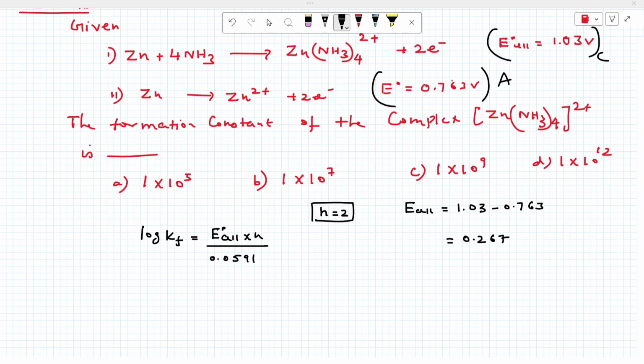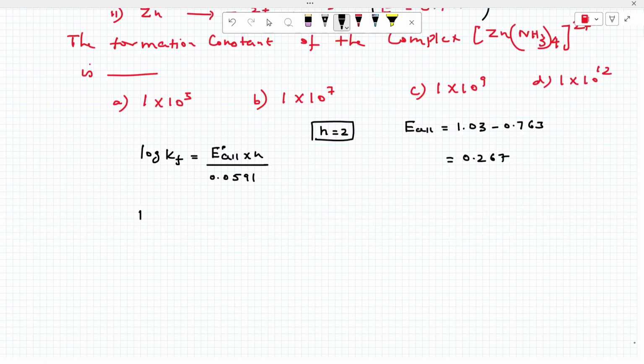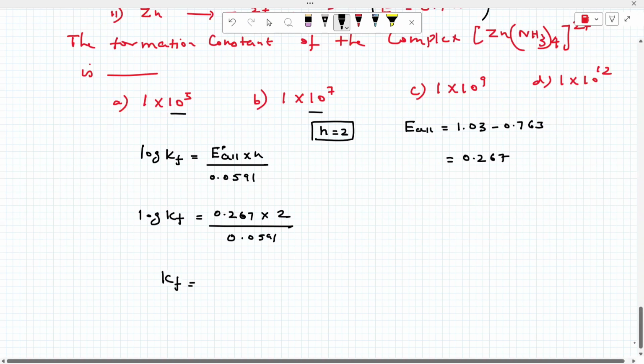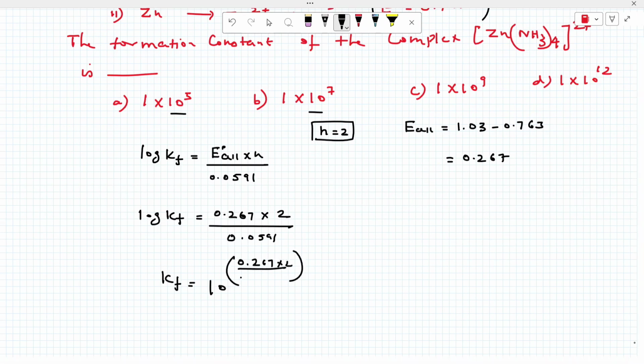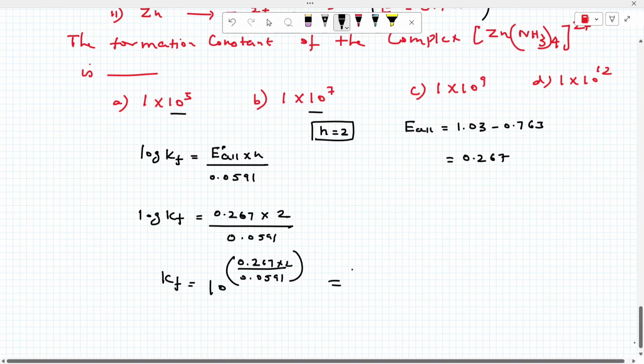Now, what is the answer for this question? Simple. Now, log K formation is equal to 0.267 into 2 by 0.0591. What is the answer now? K is equal to 10 power 9.